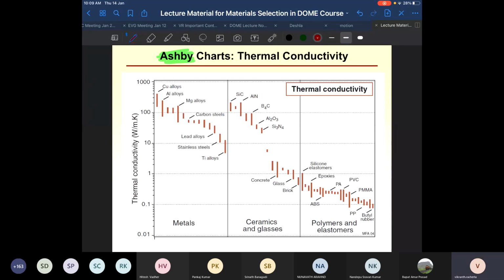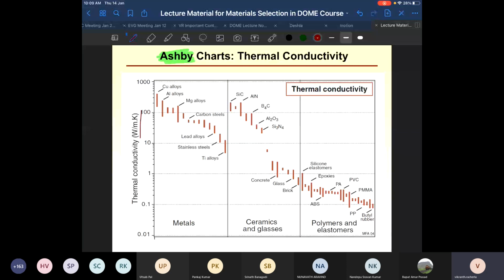Are you able to listen? Hear me? Watt per meter Kelvin. Yes, sir. It is watt per meter Kelvin. Okay, so the SI unit is watt per meter Kelvin.